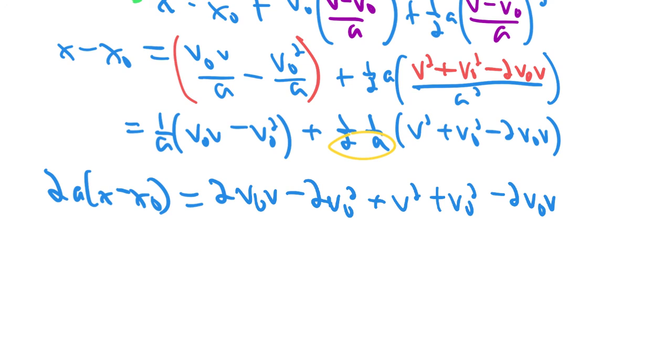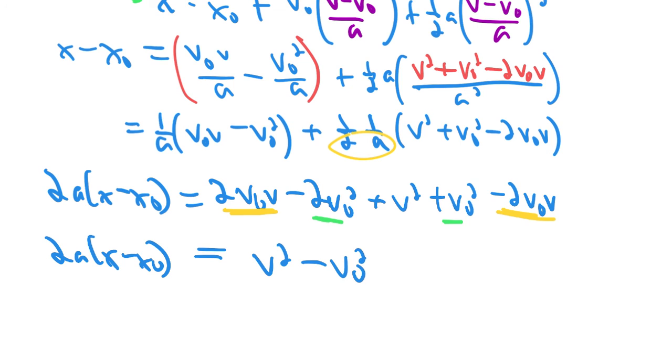Something interesting happens here. The cross term goes away. We have 2v0v minus 2v0v goes away. And then over here we have minus twice something plus the something. So we end up with minus the something. So over here we still have 2a times x minus x0, but over on the other side we get 1 v squared, and now we're subtracting v0 squared.